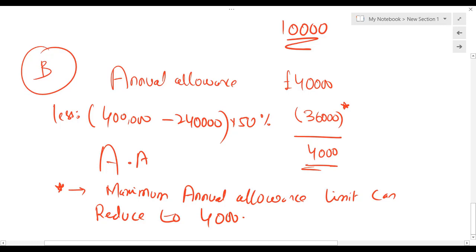In personal allowance, we have seen personal allowance can become zero, but annual allowance limit cannot be zero.